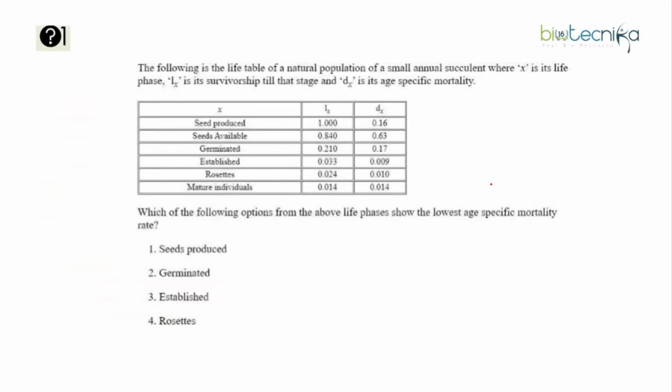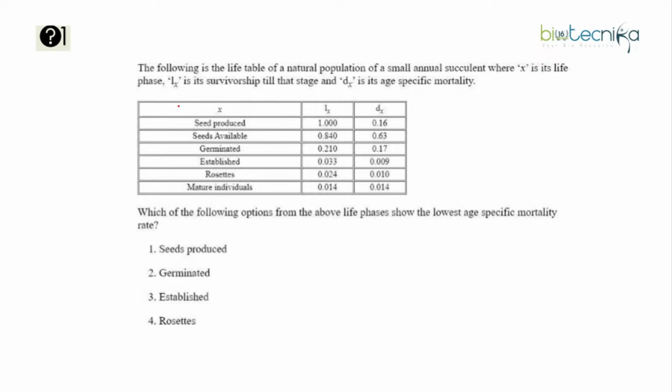So, the first question we will start from your population ecology chapter. And this is a numerical based question, as you can see here. They have said the following is the life table of a natural population of a small annual succulent, where X is its life phase, Lx is its survivorship till that stage, and dx is its age specific mortality.